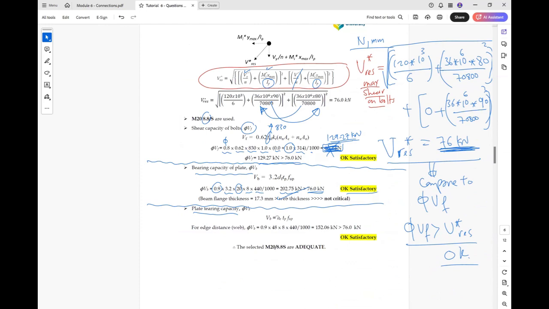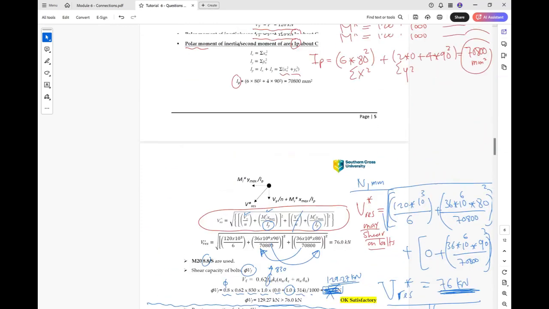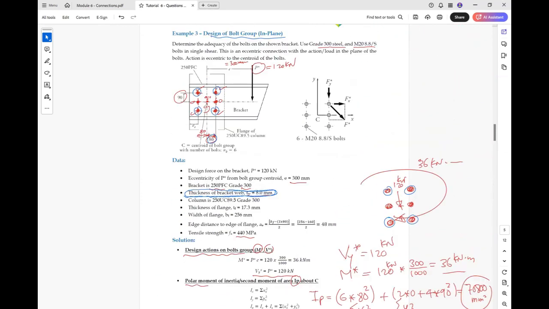same, but just AE is the edge distance times TB times FUB. So for the edge distance for the web, how much edge distance for the web? So this is AE for the web.